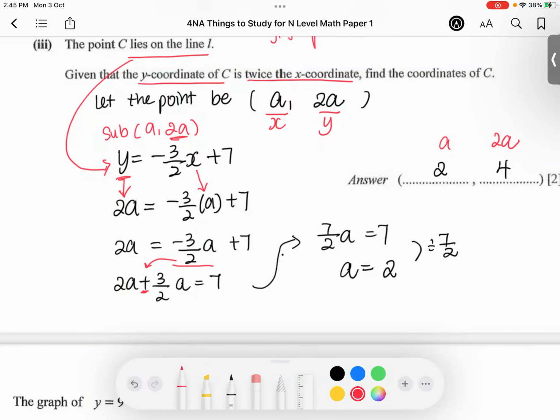So in this case, this simplifies and adds up to 7/2 A. How do you get rid of the 7/2? We divide by 7/2. Using your calculator, you can get the answer, A equals 2. But remember, they want the coordinates of C. So the A is the x value, the y value is twice the x coordinate. So that will be the number 4.